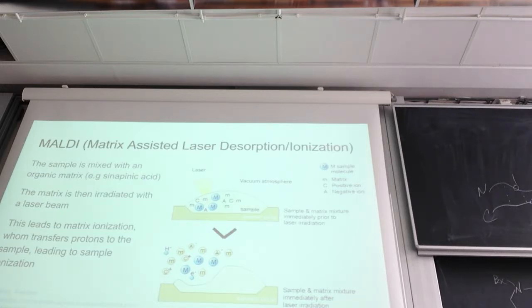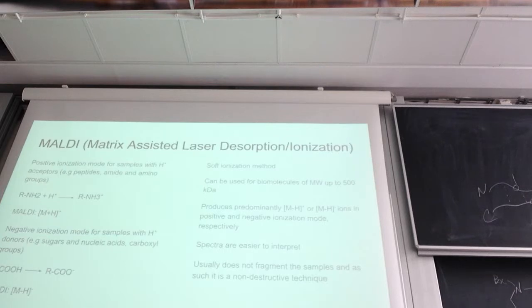This will ionize the matrix, which in turn will lead to sample ionization, and this technique can be coupled with mass spectrometry for analysis, and it has many advantages. It's a soft ionization method, so it usually is not destructive, and it also tends to produce ions with unitary charge, and this makes the spectra easier to interpret.